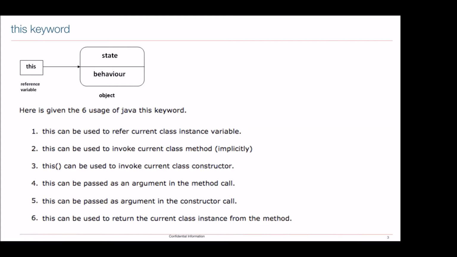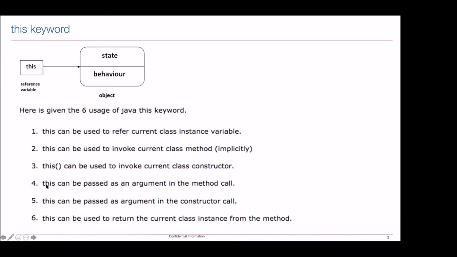We will see that by default there are some mandatory statements which our compiler is going to add in our constructor. One of them is this. Either it has to have this or super. Don't worry about super at this moment, but the third utilization of this is for invoking the current class constructor. For this, you can pass this as an argument in the method call.